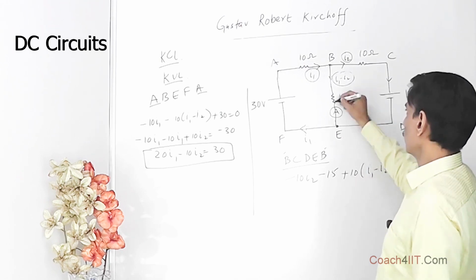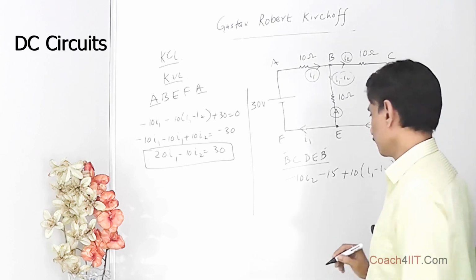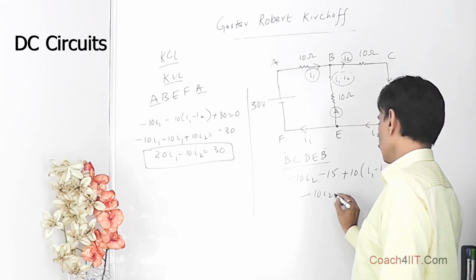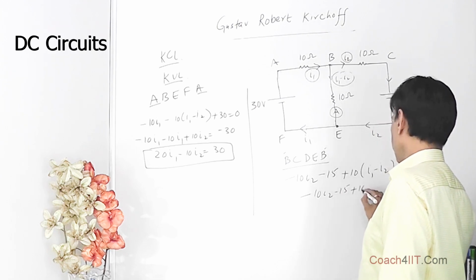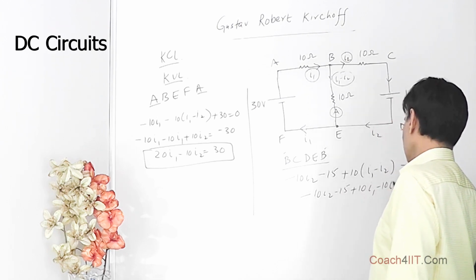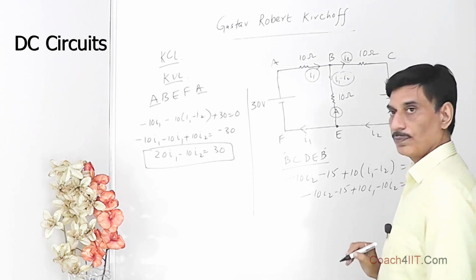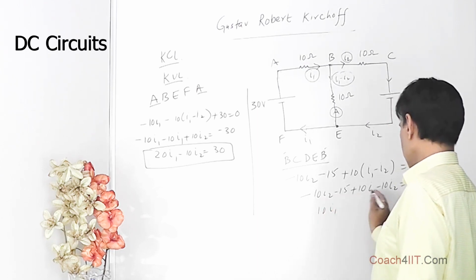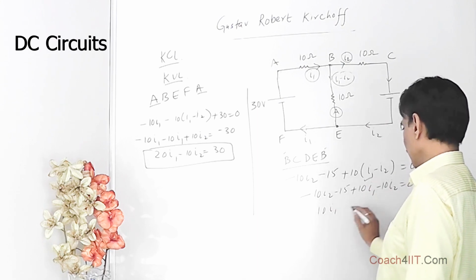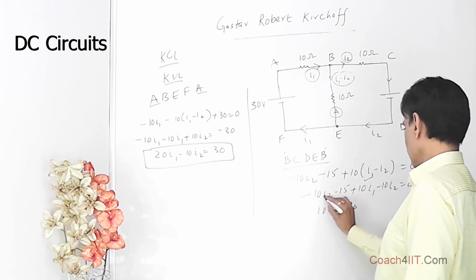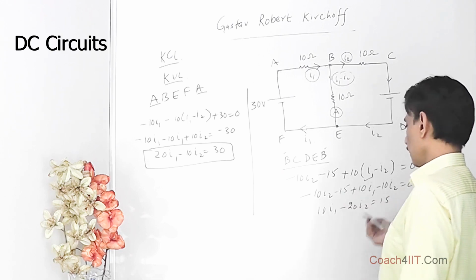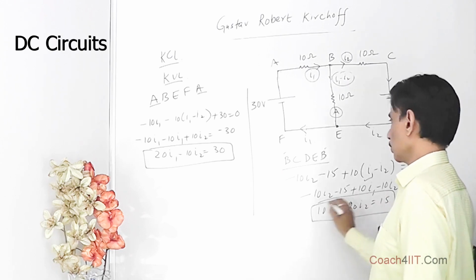That should be equal to 0 because now we have once again reached B. So this gives minus 10I2 minus 15 plus 10I1 minus 10I2 is equal to 0. So this makes, taking the I1 terms first, 10I1 minus 20I2 is equal to 15. So this is the other equation we get.